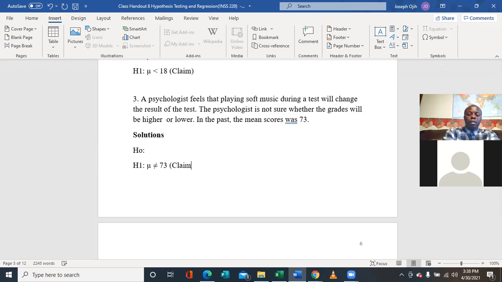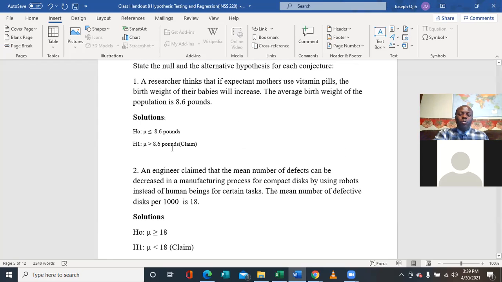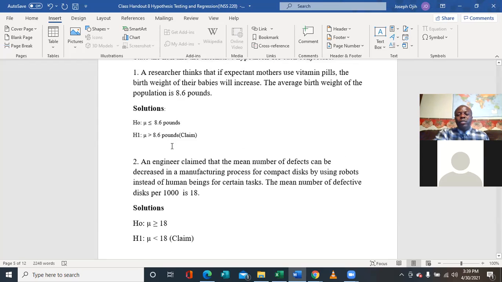Now here, the opposite of this will be equal. So we have mean equal to 73. So that's the hypothesis. Now, in all the examples we did so far, the claim is in the alternative hypothesis.